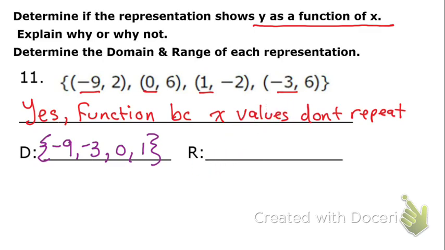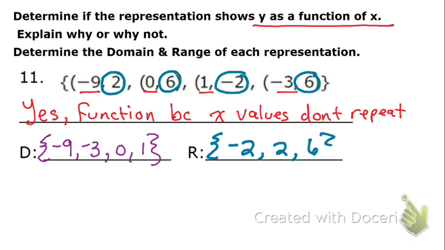Our range is our y values. So that's these guys, 2, 6, -2, and 6. We will also put those in numerical order from least to greatest. We'll begin with -2, then 2, and then 6. You need to know, do not repeat the numbers.